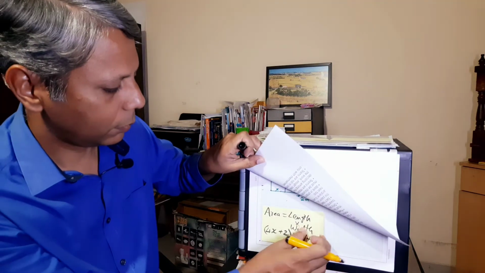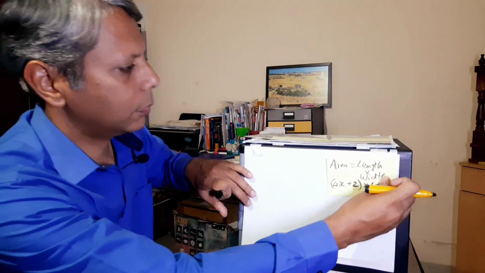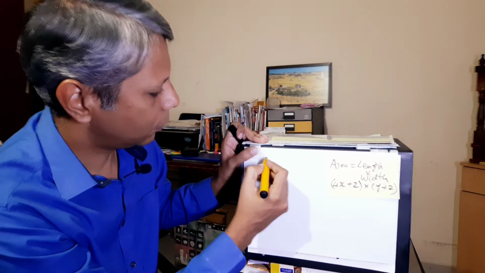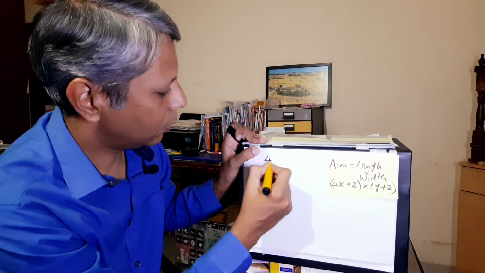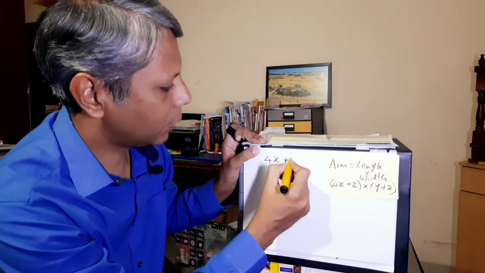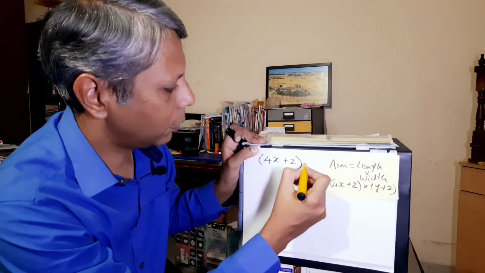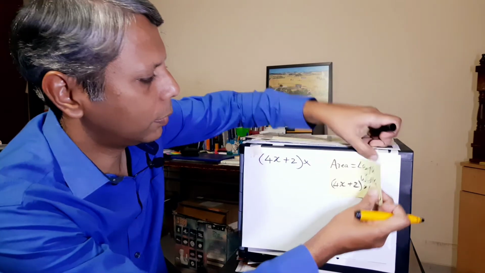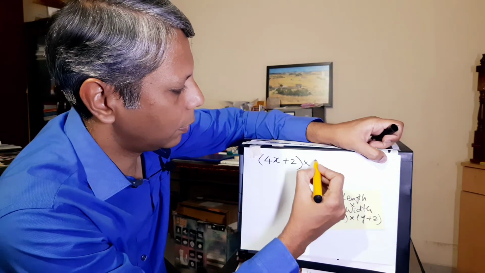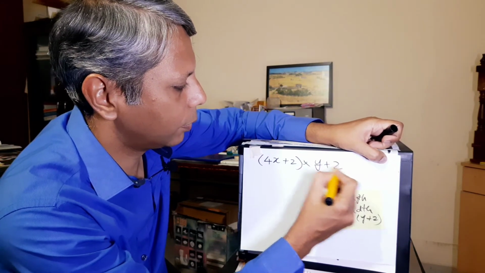So the way it works out is, 4x plus 2 into y plus 2.